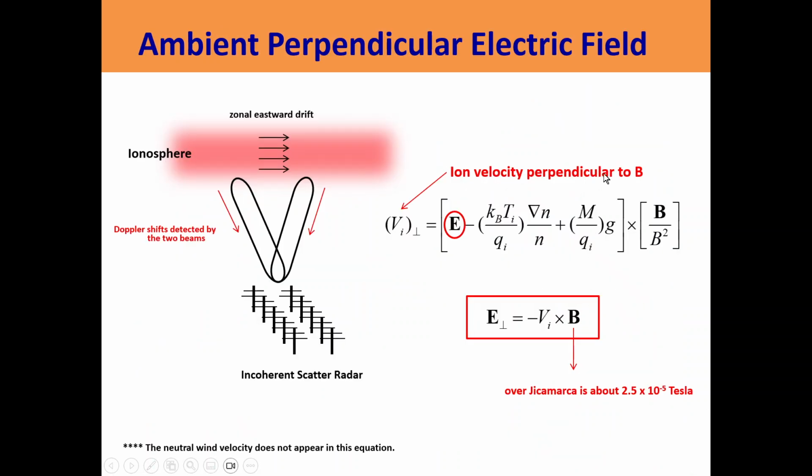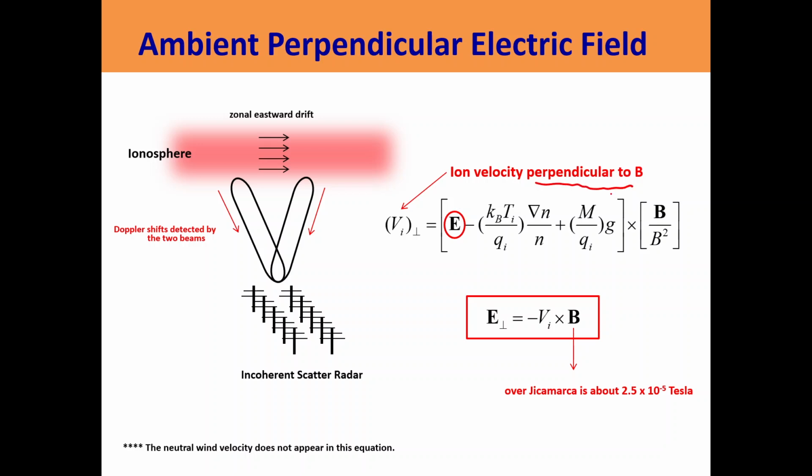And all this information comes from Chickamauga station data at that time. Another term is called ambient perpendicular field. So you have the eastward drift, right? And then you also have another field that is perpendicular to the magnetic field.